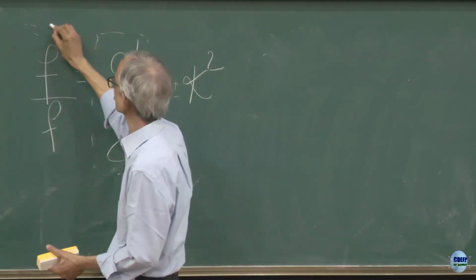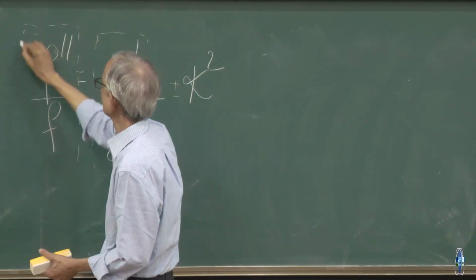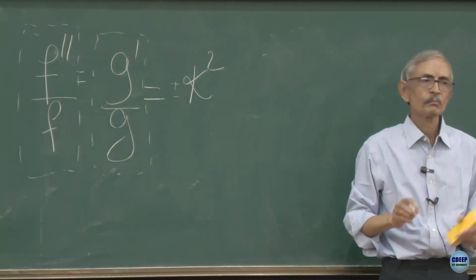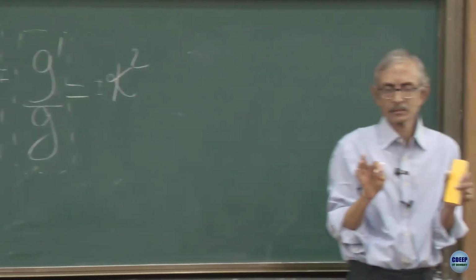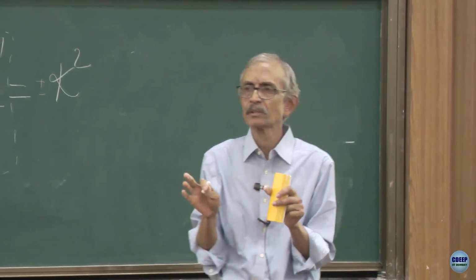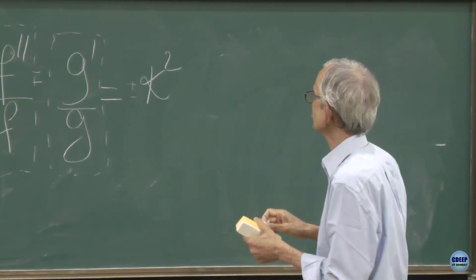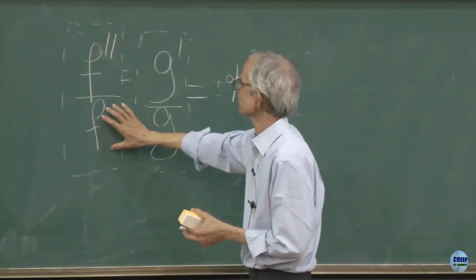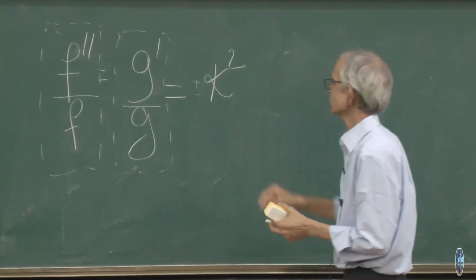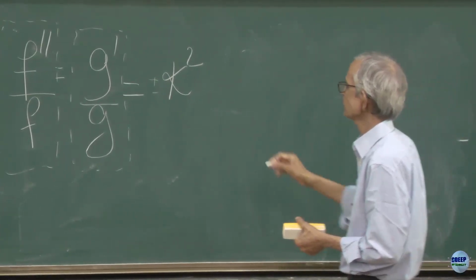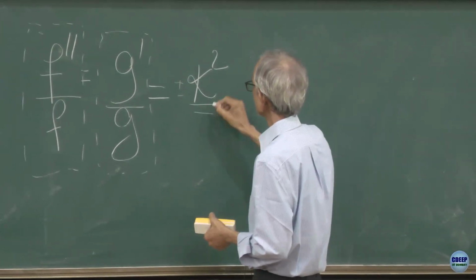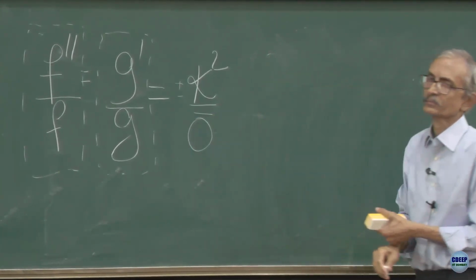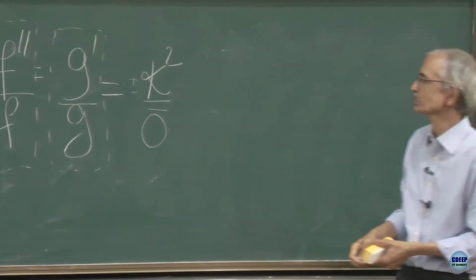Let us go ahead and use this guy here and see what happens. For both situations, the conclusion should come out the same. Whether you use this guy or this guy to argue on the sign of this k square, the first thing we say is, let me put k square equal to 0.